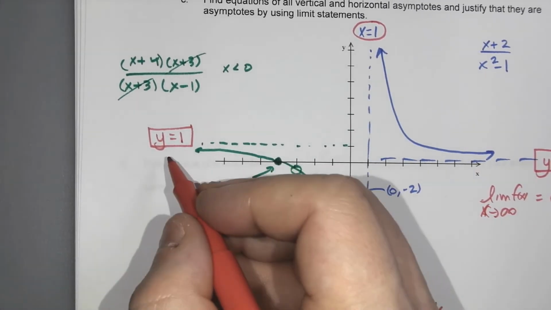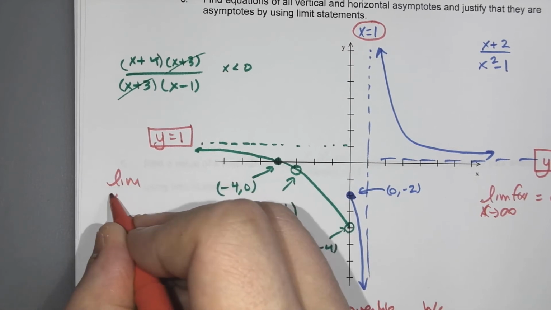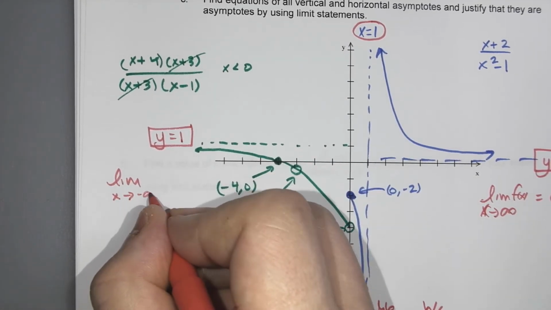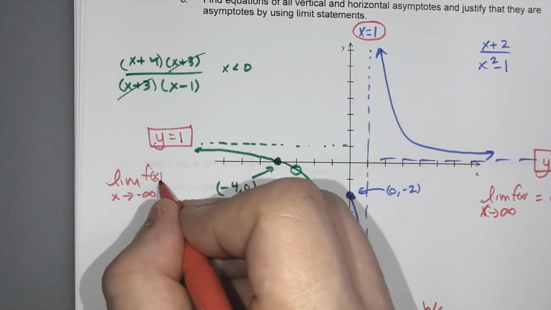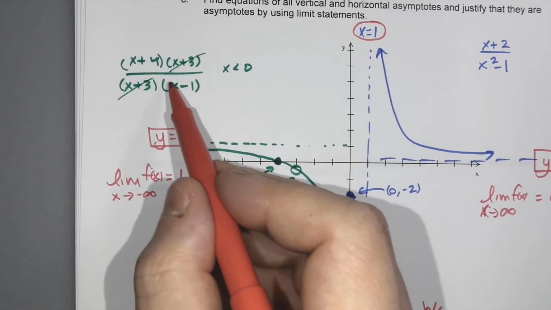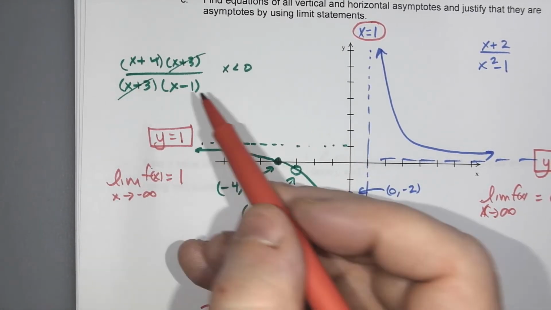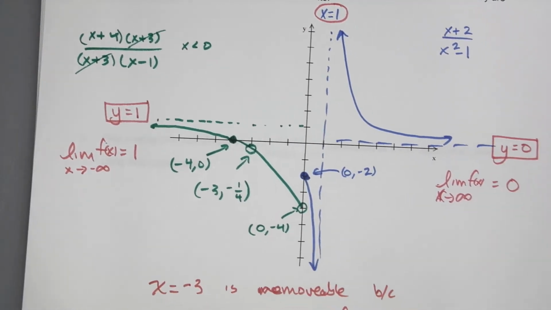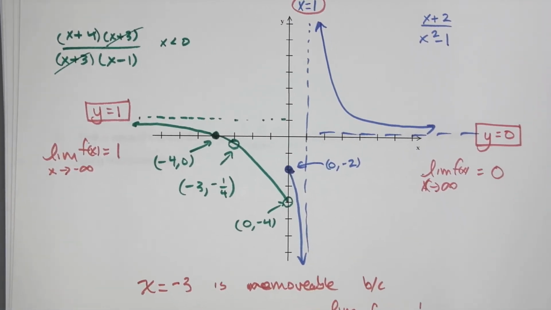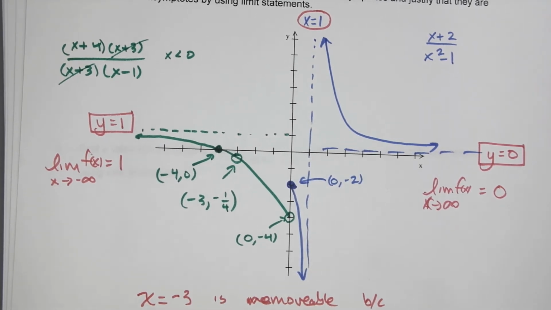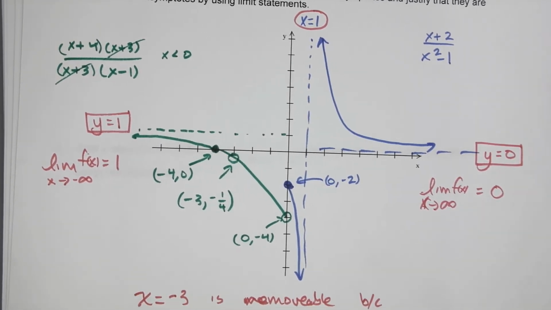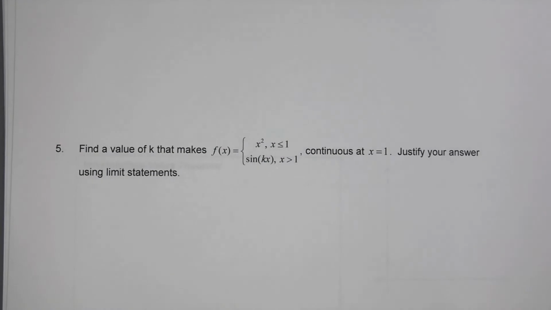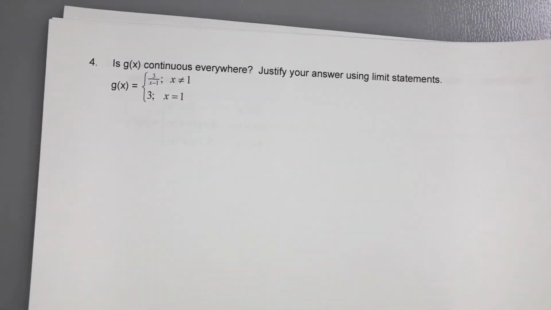And our justification over here is the limit as x approaches negative infinity of f of x equals 1, and that's from this horizontal asymptote being linear over linear, providing the 1. Okay, so that's one beefy problem, but a lot of this was already done in our previous unit, and now we're just putting our limit language on top of it to make it more formal. Okay, let's see. These ones will hopefully go a little bit faster.